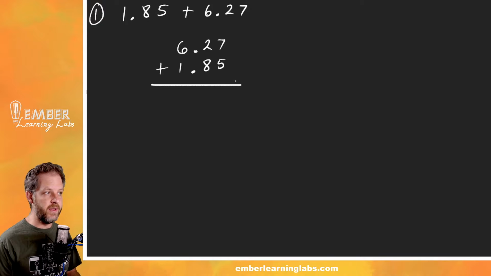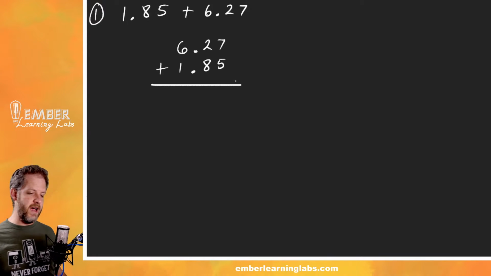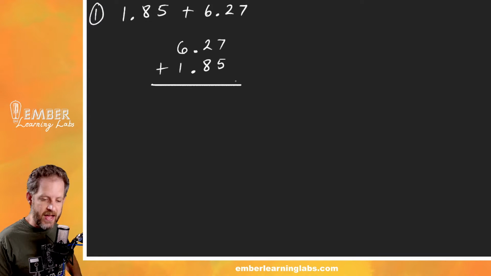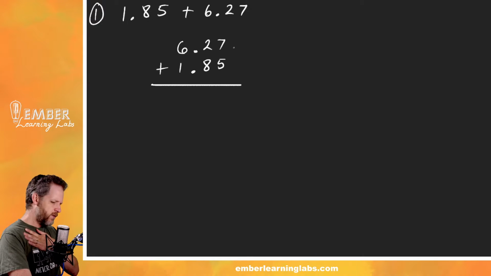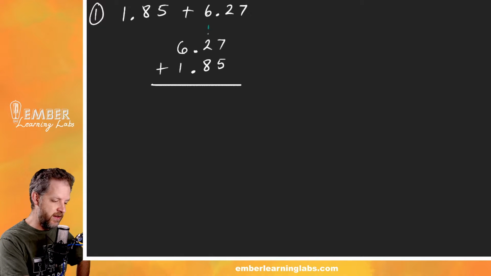Now, this one's really straightforward. We started with a simple one that's very much review, because this one we just add. There's nothing fancy schmancy. The signs are the same, so we add and keep the sign. All right, 7 plus 5 is 12.